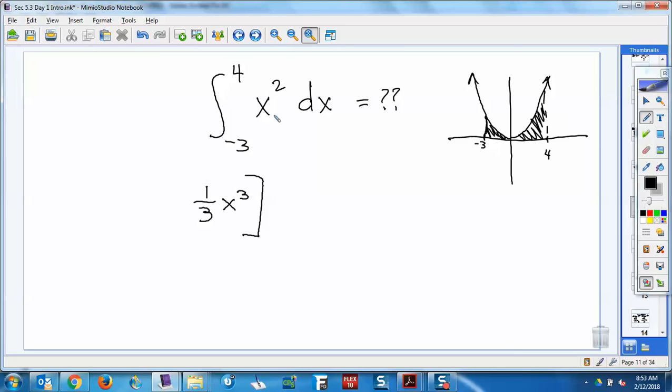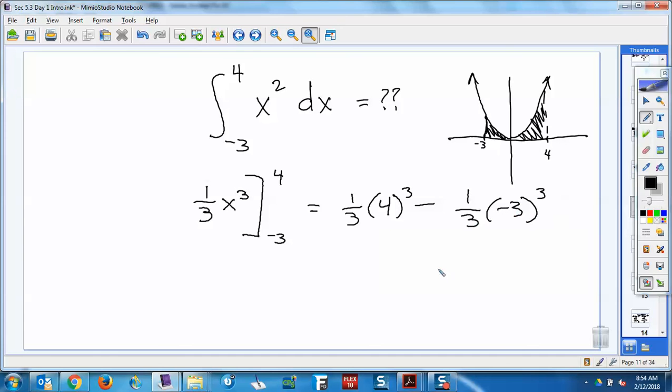So we'll do our antiderivative, we'll right bracket it, we'll put our -3 here, we'll put our 4 here. We don't want the integral symbol anymore because we've already done the antiderivative. So the integral symbol goes away, and we use this right bracket, and then we're going to plug in our 4, and then we're going to plug in our -3.